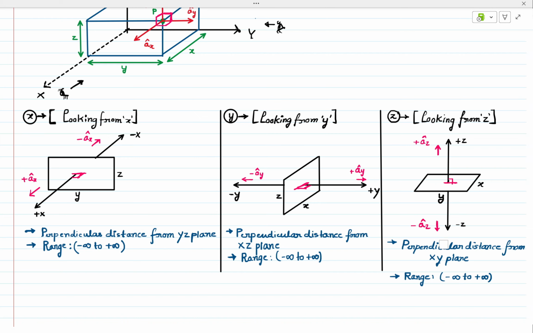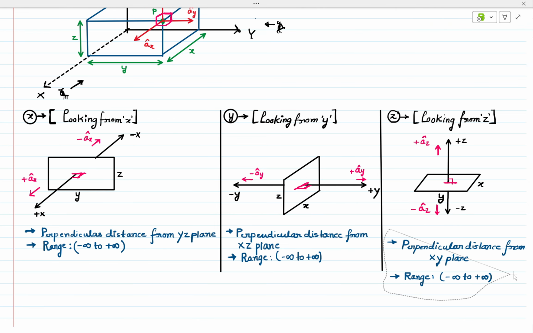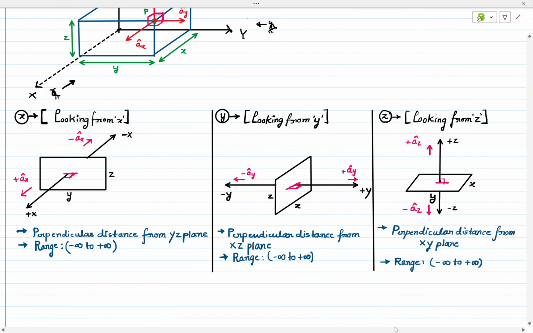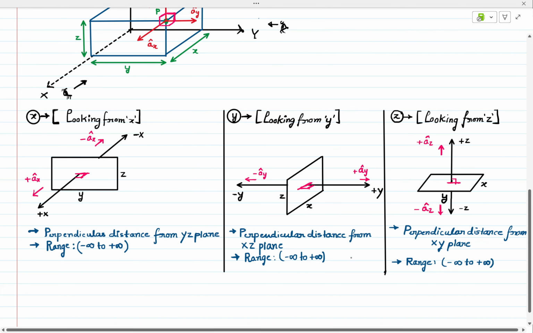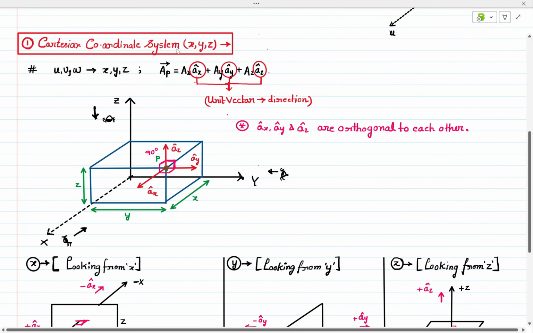Okay. So let me draw it here. Okay, that's X, Y, and Z. I have told you everything about X, Y, Z. Now, I think you will be able to understand what is X, Y, Z, whatever has been written here aside the Cartesian coordinate system.